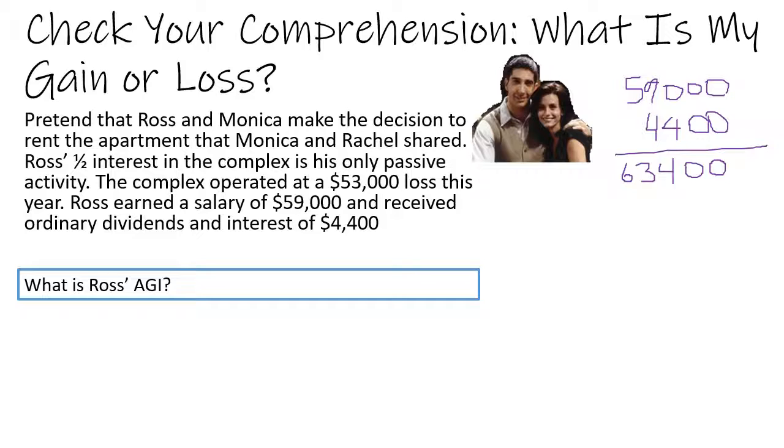Since Ross's AGI is below this point, he can take advantage of the full $25,000 deduction, or the extent of his passive loss. Since Ross and Monica share this at a 50% interest, his full loss is $26,500.